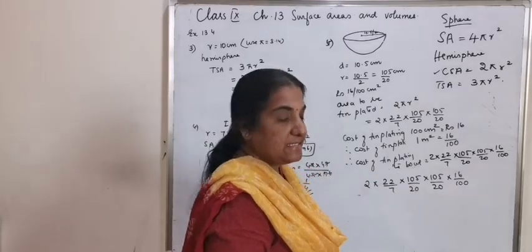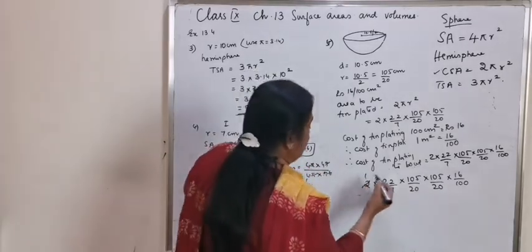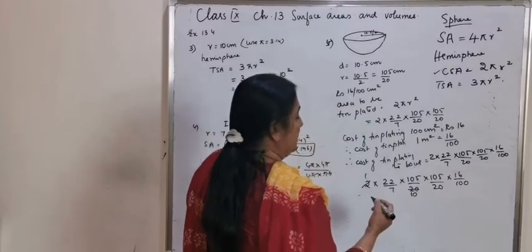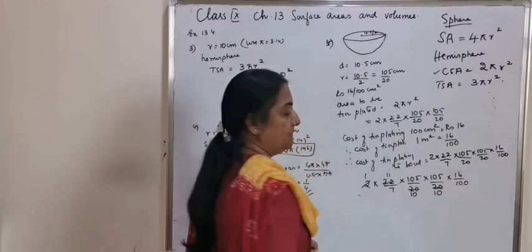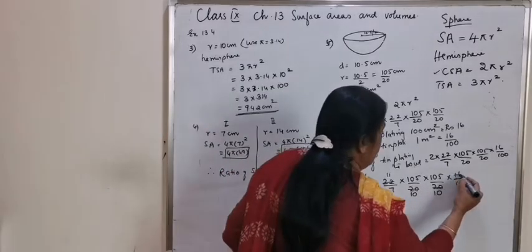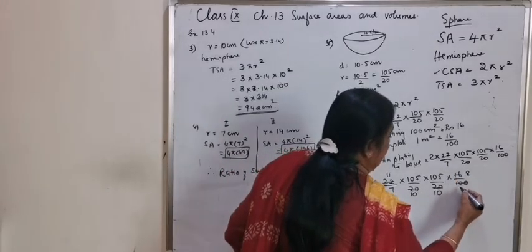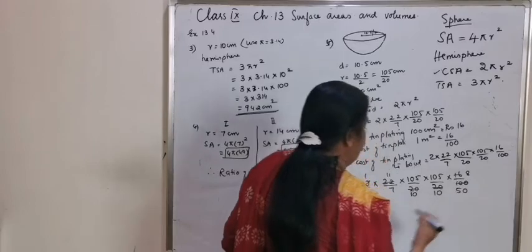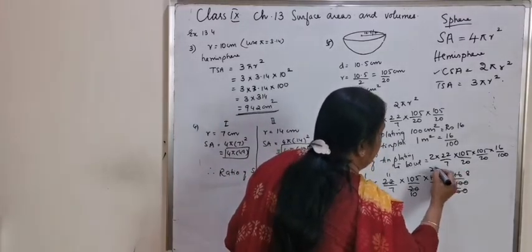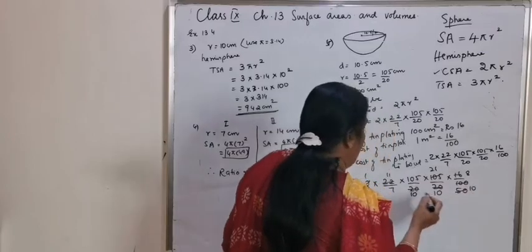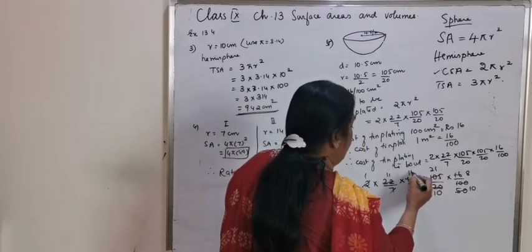Everywhere I will reduce it as 10. So 2 ones are, and this becomes 10. Then 22, this is 11 and this becomes 10. Same way, this becomes 8 and by 2 it is 50. And this 50 and 105 with 5, 21 and 10. Now this 7 with 15.